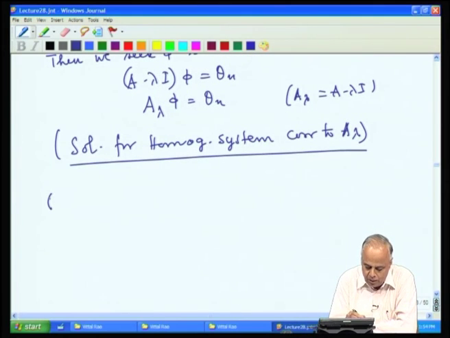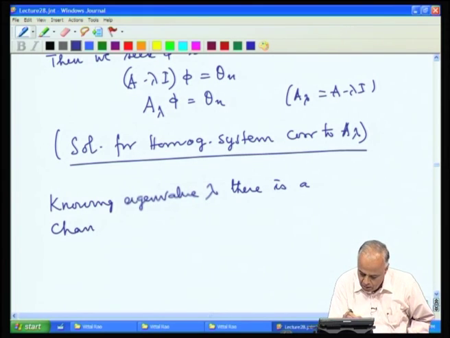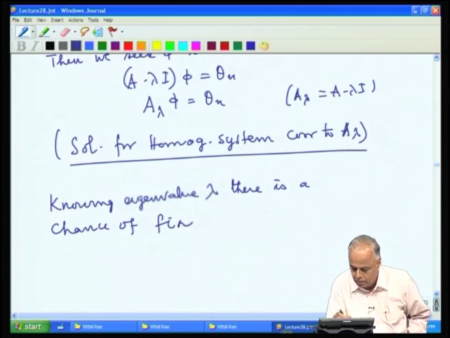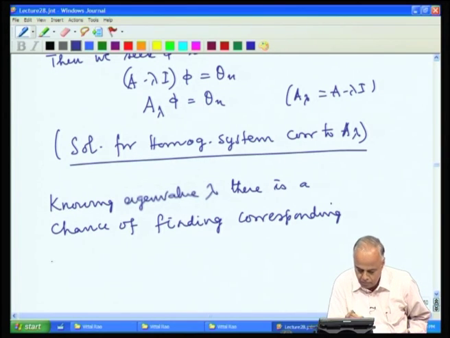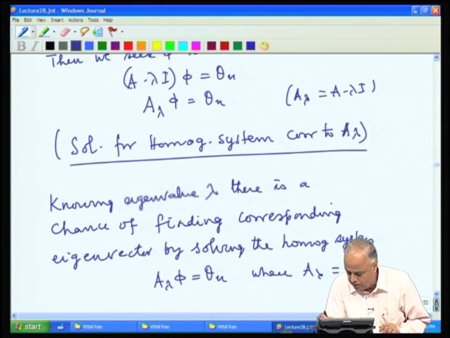So, knowing the eigenvalue lambda, there is a chance of finding the corresponding eigenvector by solving the homogeneous system A lambda phi equal to theta n, where A lambda equals A minus lambda I.